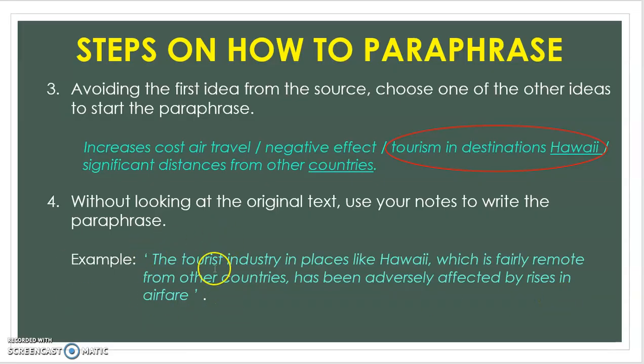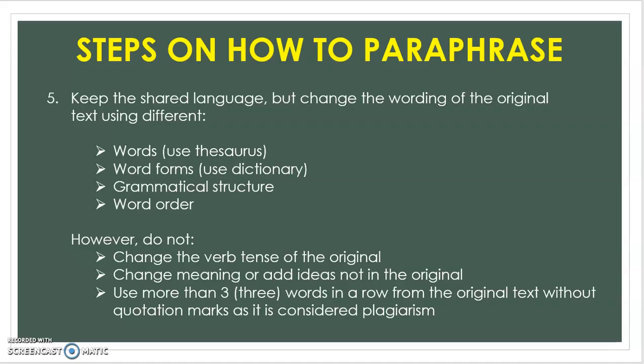So this is the paraphrase version of the sentence just now. Okay, so step number 5, keep the shared language, but change the wording of the original text. This is how you can modify your words. You can use different words.